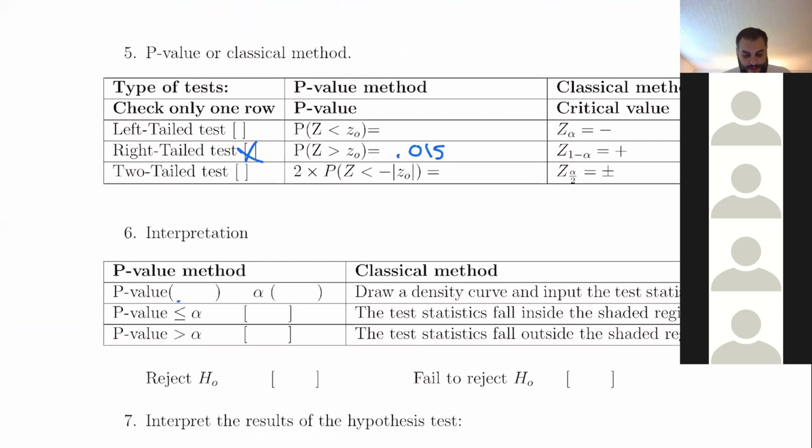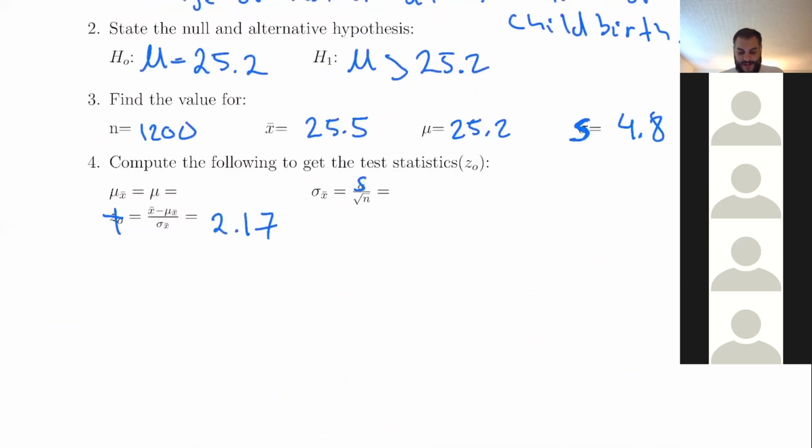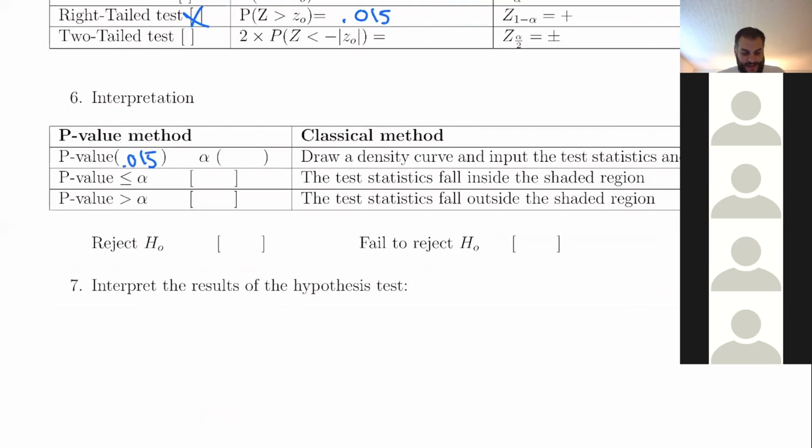So p-value 0.015, alpha, in this case, alpha was equal to 0.05. So which one's bigger, p-value or alpha? Alpha. There you go. So since alpha is bigger, you reject the null hypothesis.